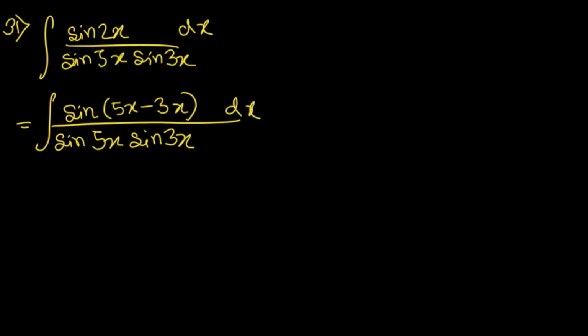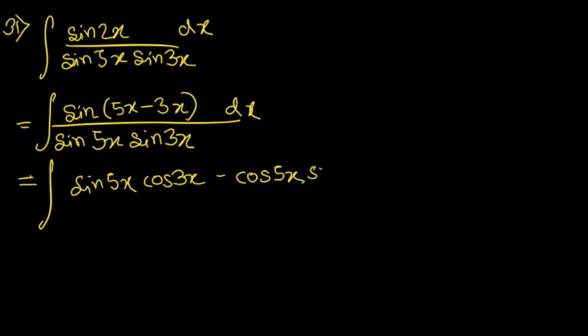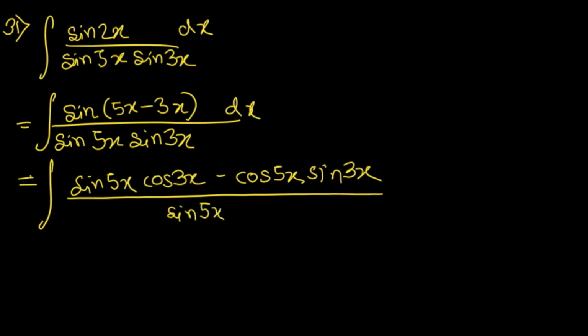As you know, the sin a minus b formula gives sin 5x cos 3x minus cos 5x sin 3x. This is a formula of trigonometric identities, the sin a minus b formula.